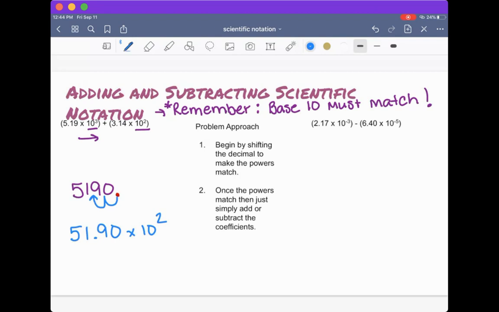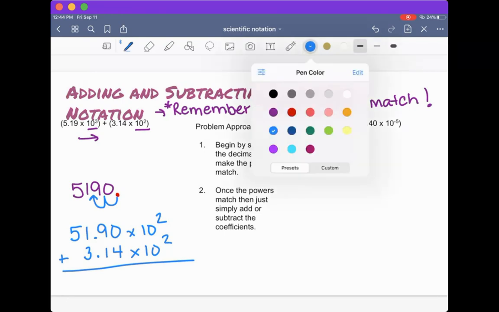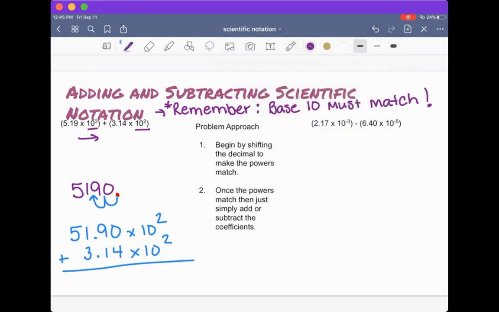All right, so now that I have matching base tens, I can now add this. So 3.14 times 10 to the 2, and I'm going to line it up. Now I can simply carry out the addition. When you're adding and subtracting, you don't do anything with the base ten. You just simply bring it down. So 10 to the 2.